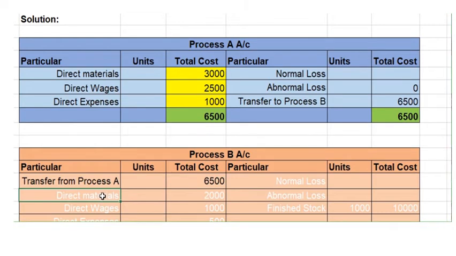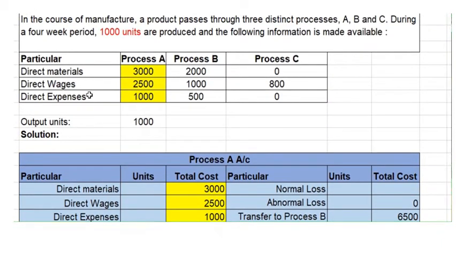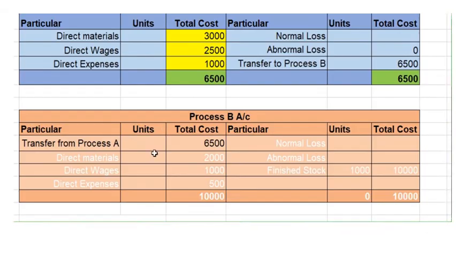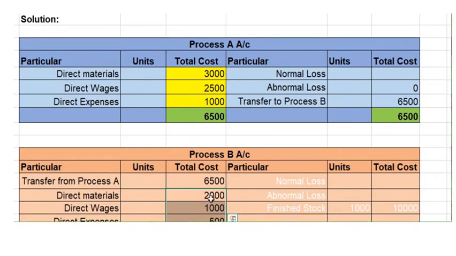If there is opening work in progress, we have to write it here. Since there is no opening work in progress, we are not writing. We have direct material, direct wages and direct expenses for process B. We are entering the values 2000, 1000 and 500.